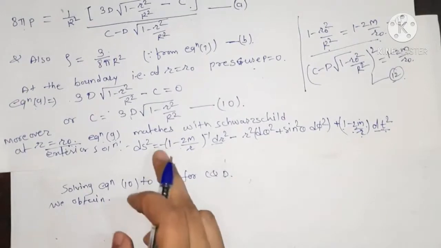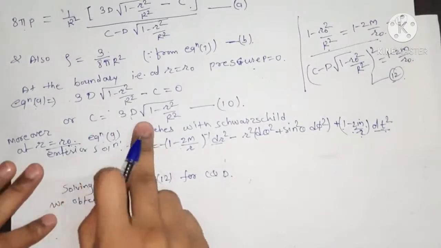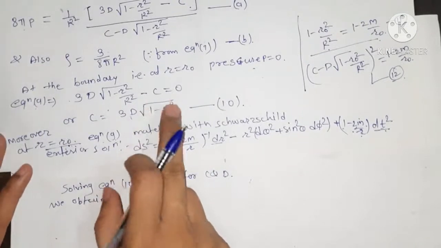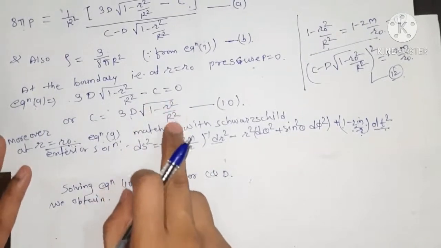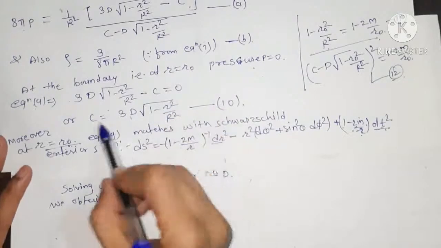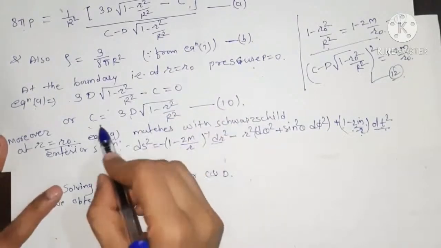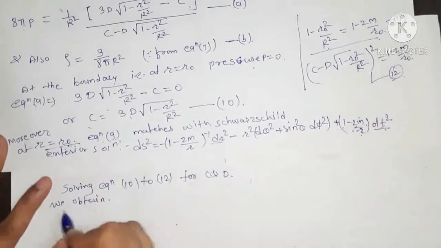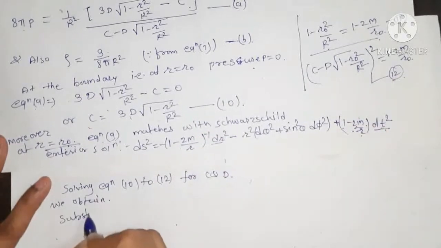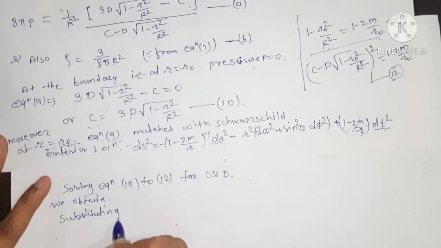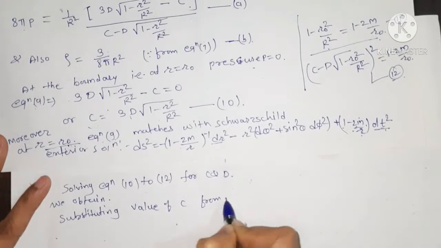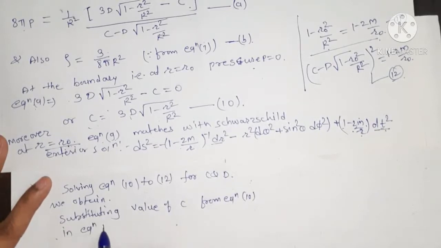Now from equation 10, C equals 3D under root of 1 minus r0 square upon r square. We substitute the value of C from equation 10 in equation 12.